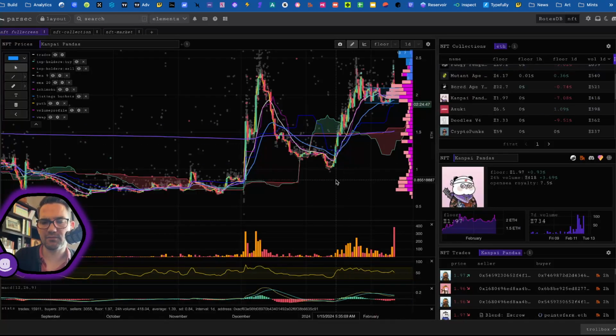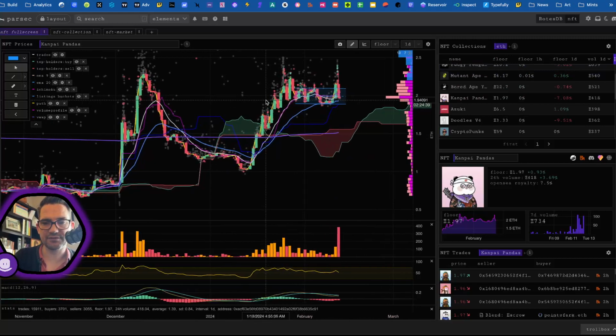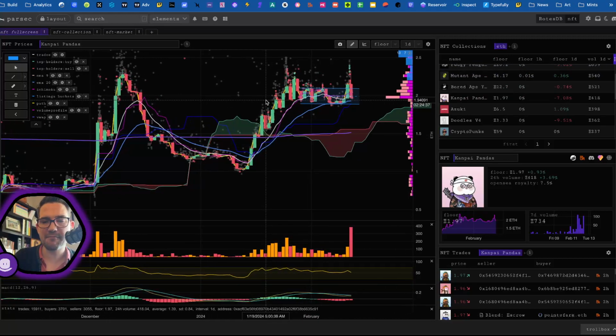And then the other one I kind of liked here, actually very similar, a bit of a possible cup and handle development on Kenpai Pandas. Although I would have thought the breakout was coming on the last candle here, and it didn't. So it's interesting.